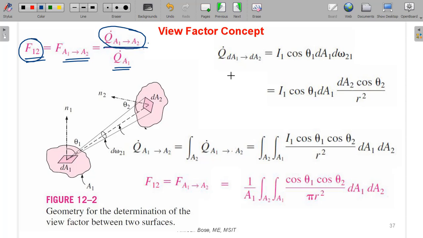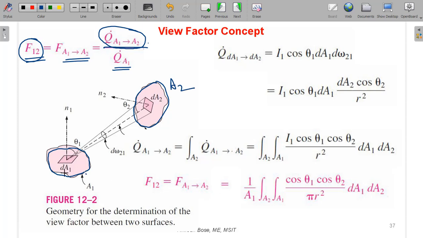If we want to find this ratio, it is very simple, because we have already seen how to find the radiation between two elemental surfaces if the surface area is very small. So let us consider A1 is this finite area and A2 is this finite area.